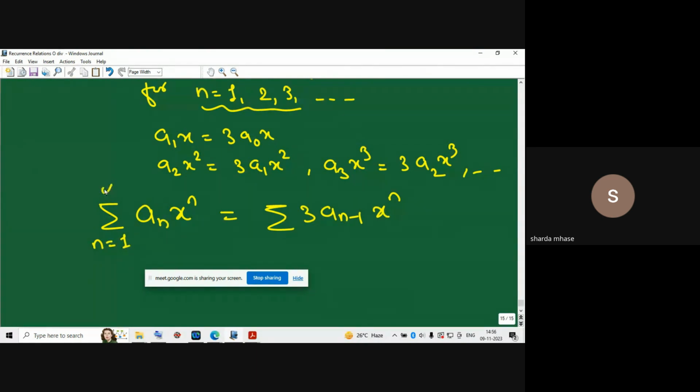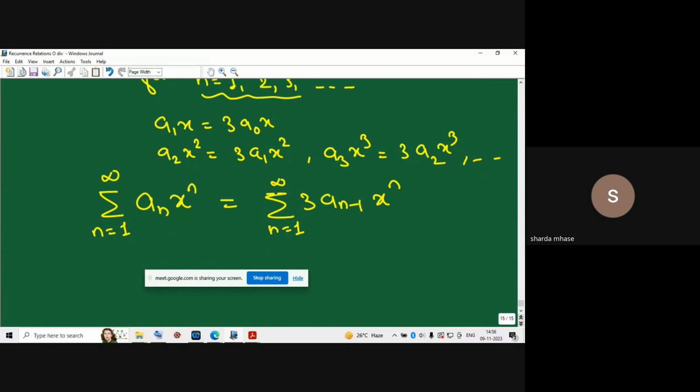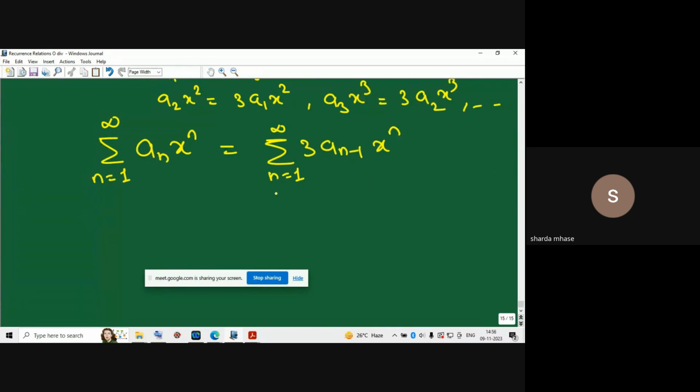Now comes the actual arrangement part. So this can be written as a_0 plus sigma n varies from 1 to infinity.